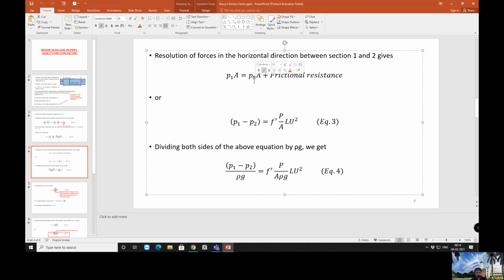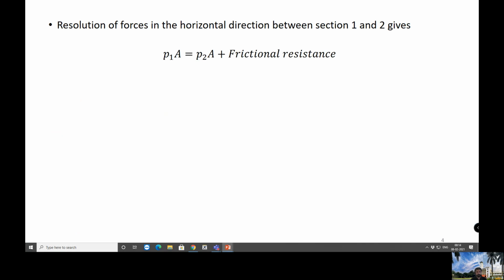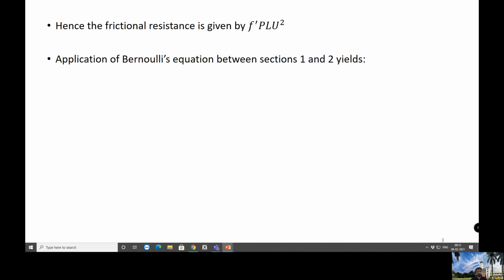It should have been P1A is equal to P2A plus frictional resistance, or we can write P1 minus P2 is equal to the frictional resistance, F dash P by A, because A comes to the denominator, and this frictional resistance we have already seen from our dimensional analysis.